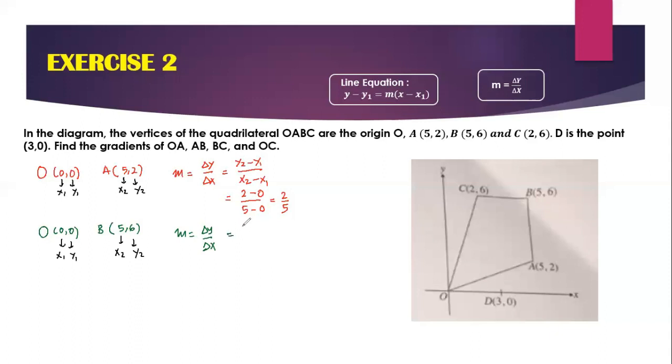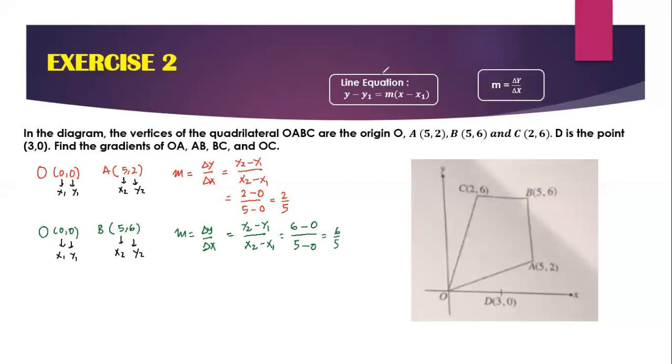So equal y2 minus y1 over x2 minus x1. Is it right, everyone? So y2 here is 6 minus y1 here, 0, over x2 here 5, x1 here, so 5 minus 0, right? So the gradient is 6 over 5.